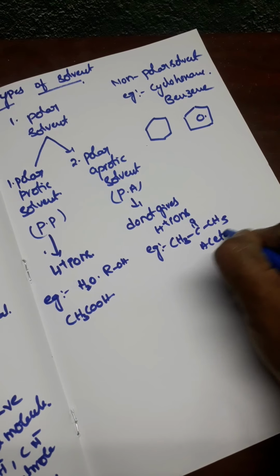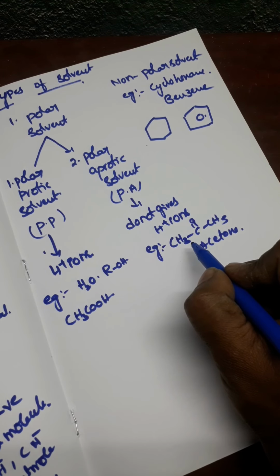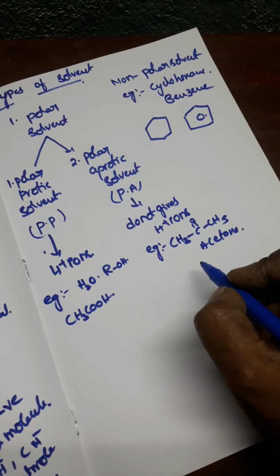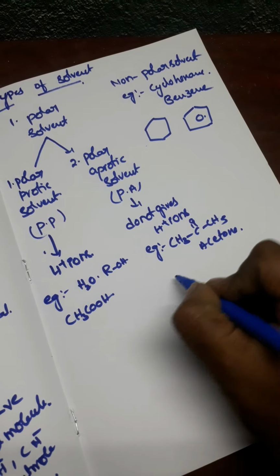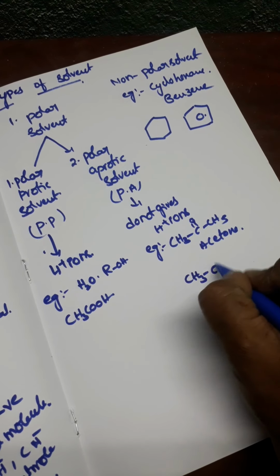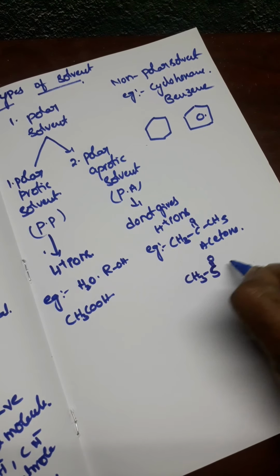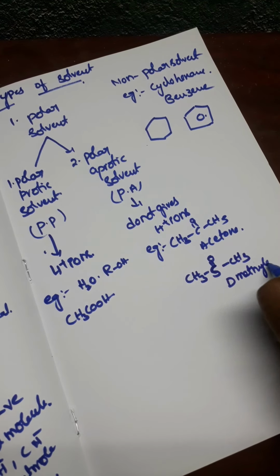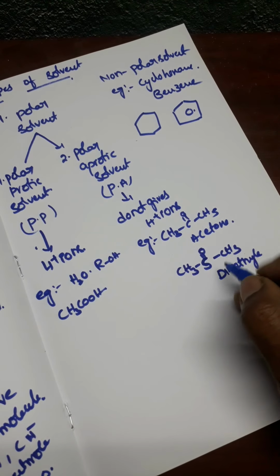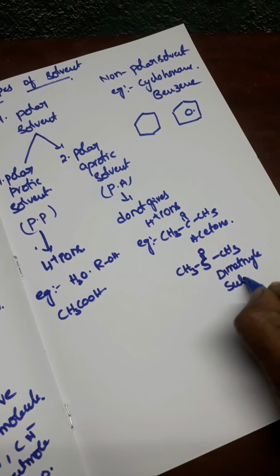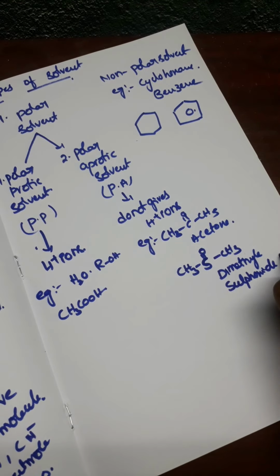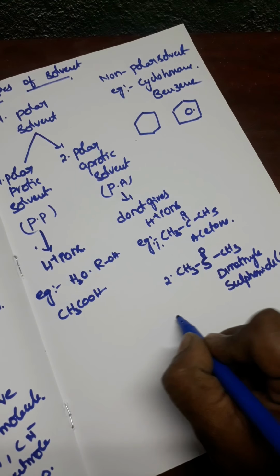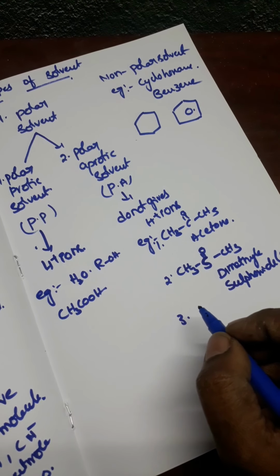And instead of C double bond O, we can place an S double bond O group, which is called dimethyl sulfoxide, that is CH3, S double bond O, CH3. This is dimethyl sulfoxide, that is DMSO.